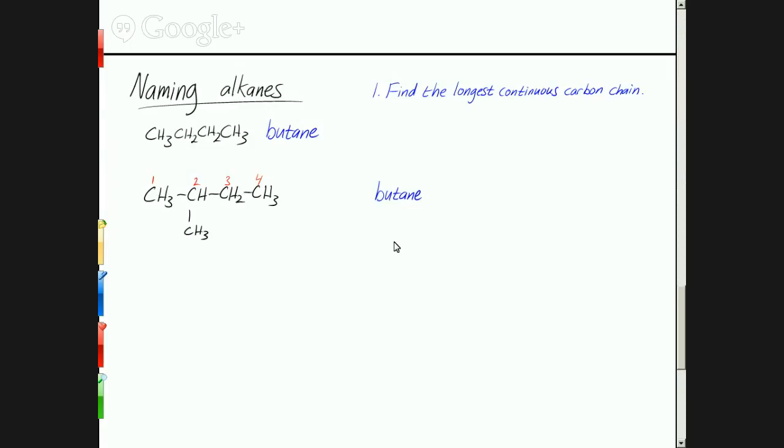Because we also have to account for this thing that's hanging off of the chain. Now, things that are hanging off the chains are called substituents, meaning that they're substituting for hydrogen. So we have a substituent that is 1 carbon.